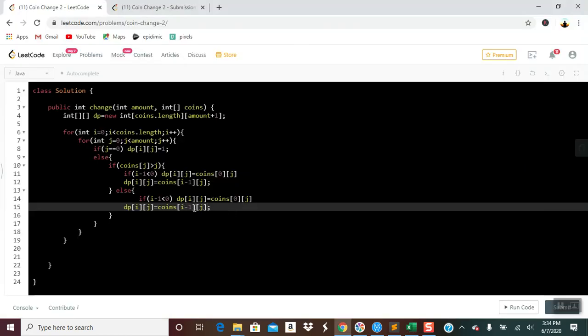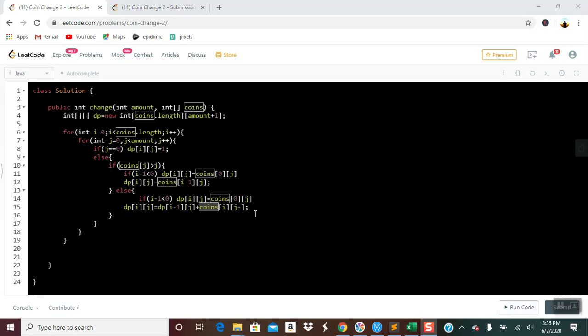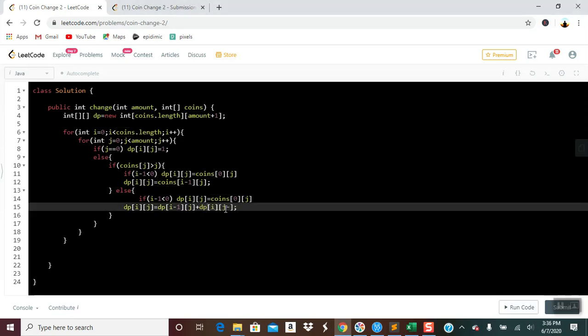The previous value is dp of i minus 1 j, plus dp of i, j minus coins of i, the sum minus the coin.